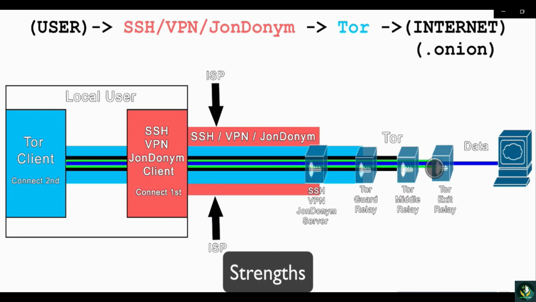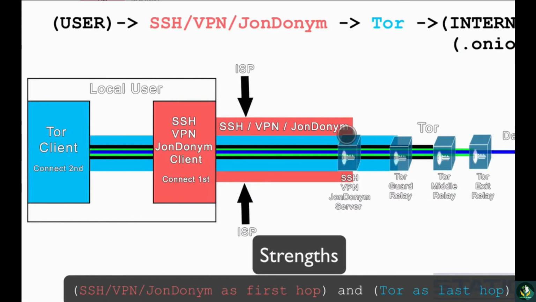Let's have an example: if an attacker gains a Tor guard relay, passes a Tor middle relay and finally a Tor exit relay, Tor stores the activity of the local user through the incoming SSH, VPN, or Jondonym attack. The SSH, VPN, or Jondonym server creates an extra layer for the incoming attack.